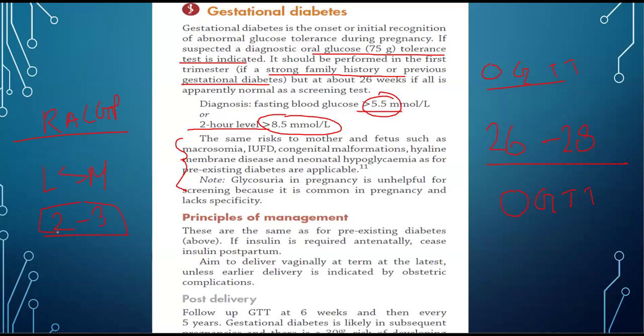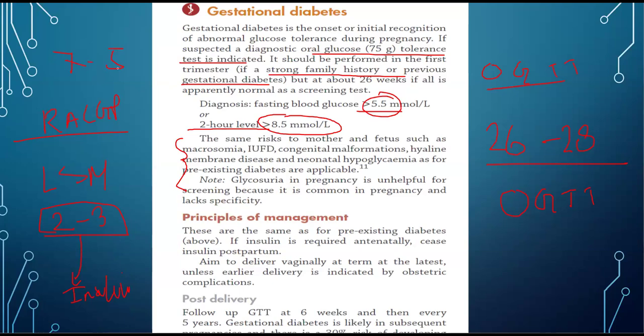And you ask the mother to check her blood sugar at least 4 times a day, and then you review how the blood sugar is after lifestyle modification. If blood sugar is sky high, then most of the time they will need insulin. So insulin is the medication of choice for gestational diabetes. But let's say after lifestyle modification, blood sugar is not super high. Like maybe the normal fasting is 5.5 and they are staying at 7.5.